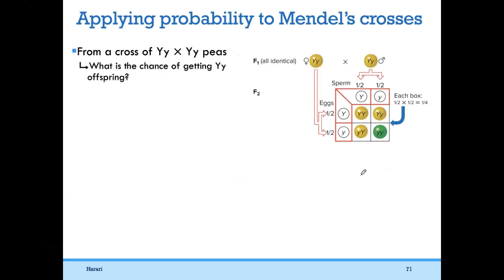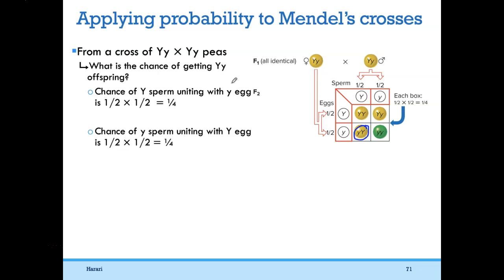Again, looking at the same example from peas, what is the chance of getting big Y, little y offspring? Well, there's two possibilities. You can get a big Y sperm with a little y egg, right? A big Y sperm with a little y egg, that's 1/4. Or you can get a little y sperm with a big Y egg.